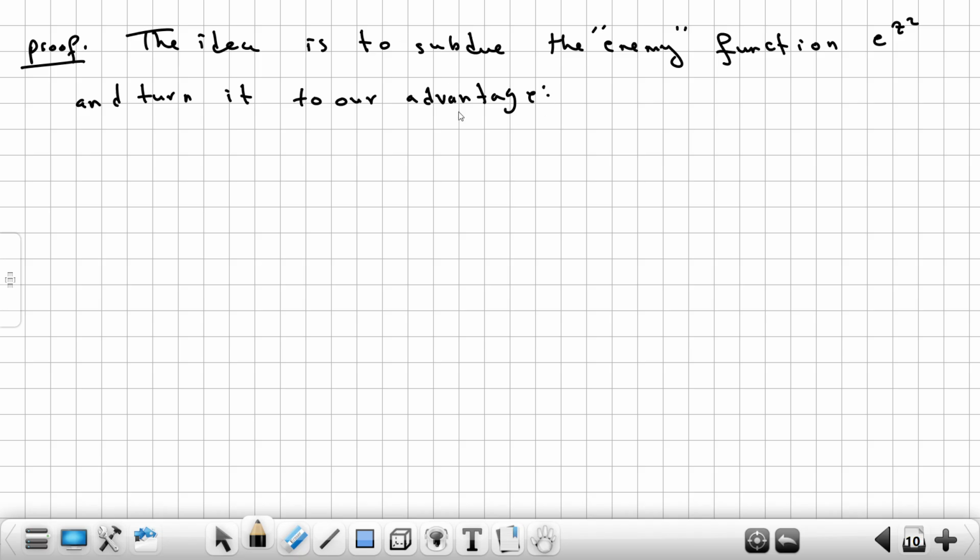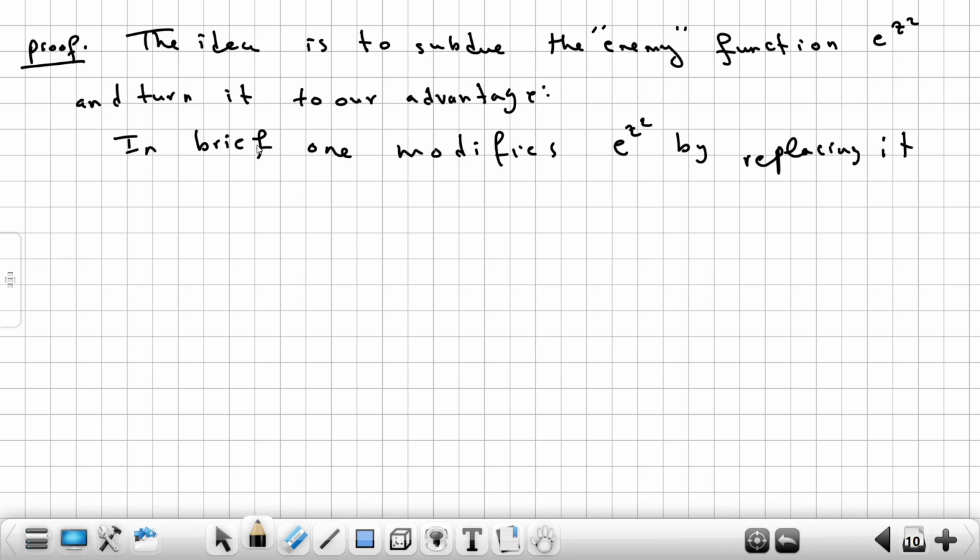So in brief, one modifies e to the power z squared by replacing it by e to the power z power alpha, with alpha less than 2.